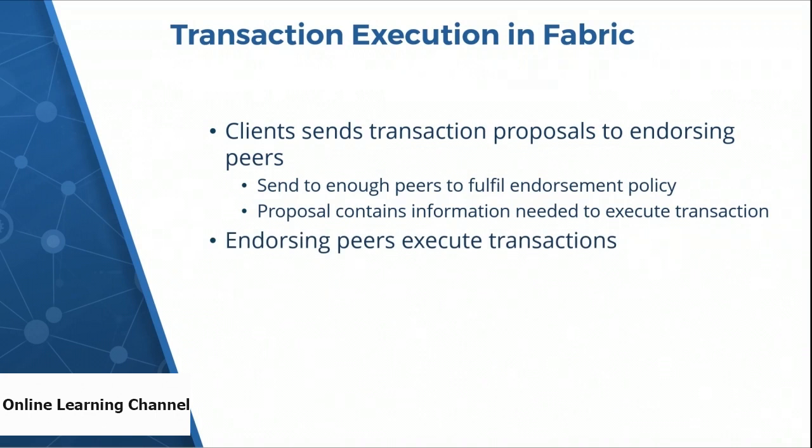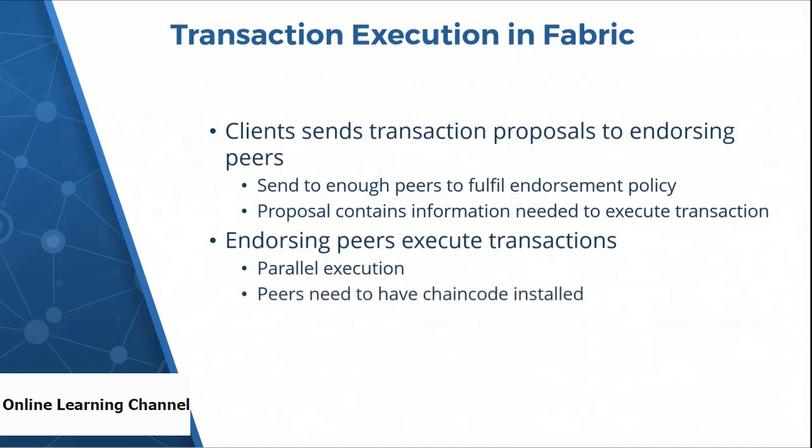Because the ordering of the transactions will take place only later, it doesn't matter in which order they run the transactions, and in fact, they can even execute them in parallel. This is something which contributes to the high throughput of Hyperledger Fabric. However, to execute the transactions, the peers need to have the corresponding chain code installed.